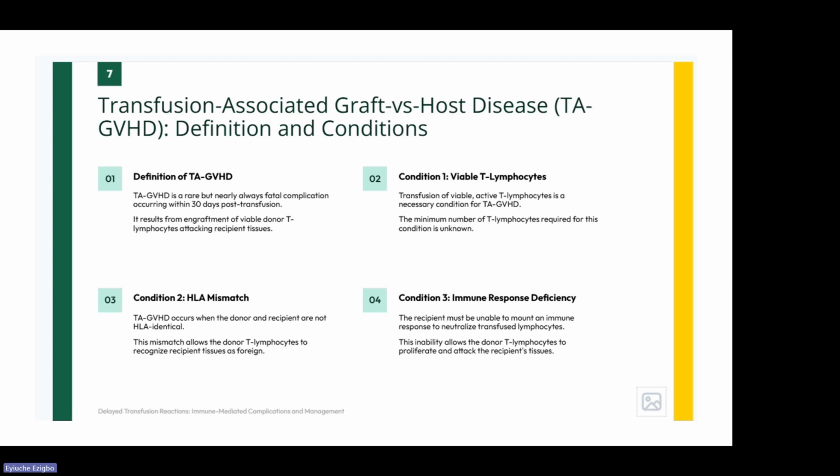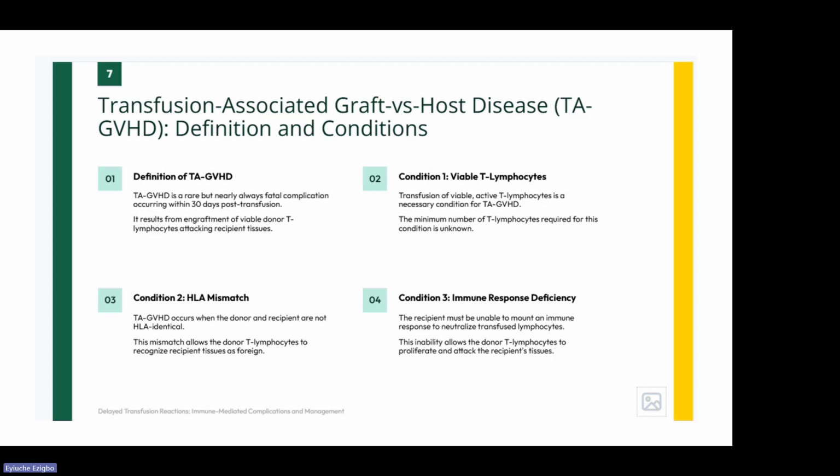These are the conditions. Then condition number 3 is immune response deficiency. Even though the transfused lymphocytes are attacking the recipient's tissue, the recipient under normal circumstances should be able to mount an immune response against that attack. But sometimes this does not happen, or it does not happen sufficiently to counter the attack.